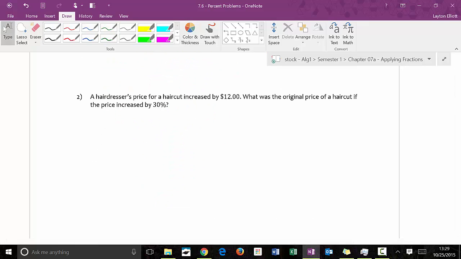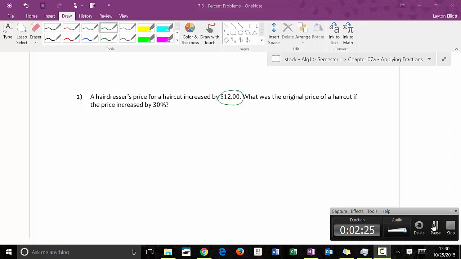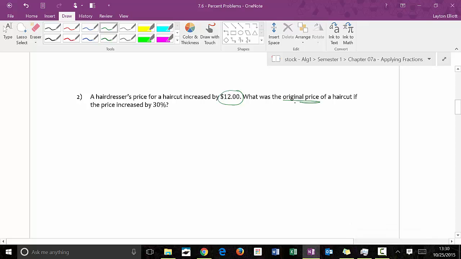Moving along, a hairdresser's price for a haircut increased by $12. What was the original price of a haircut if the price increased by 30%? So I'm going to let x equal the original price.